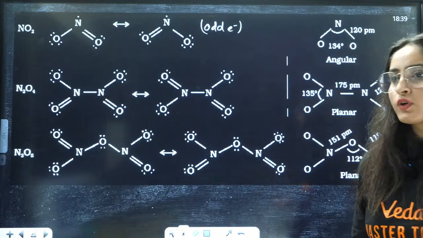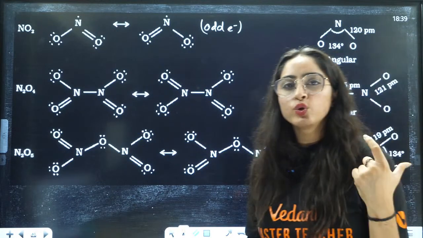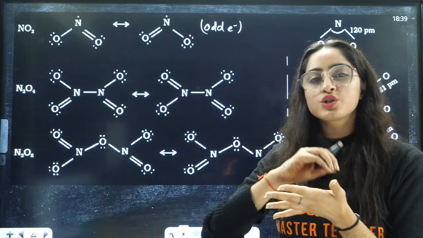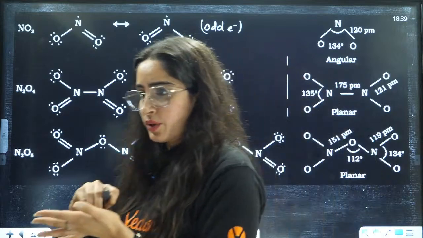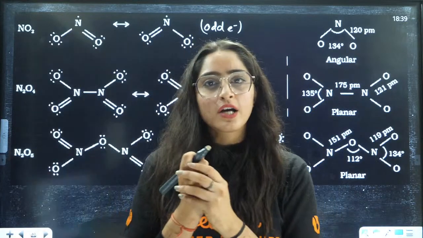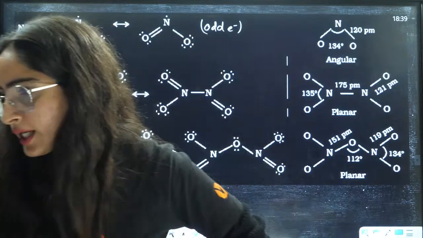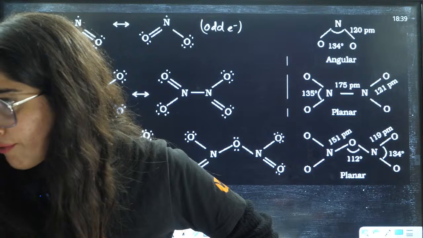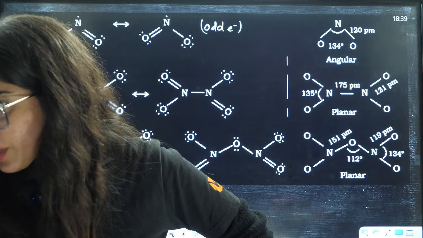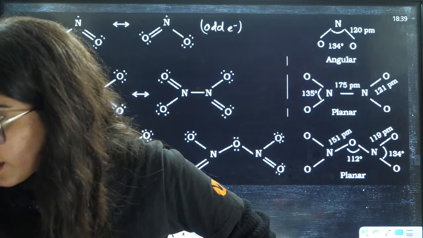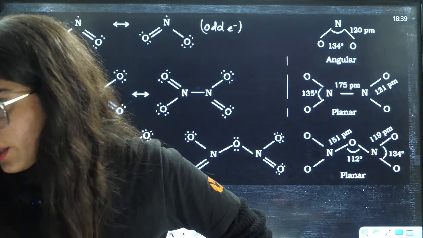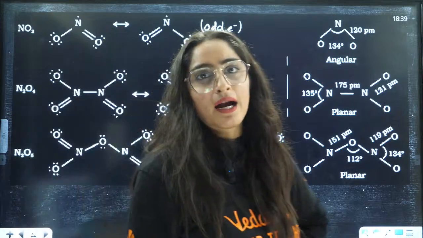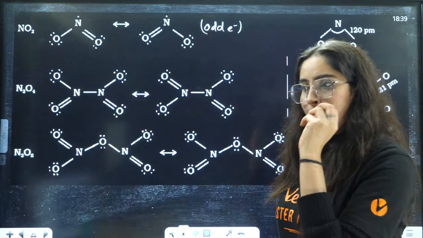Okay guys, try to make these structures with the help of Lewis dot structures. Have you done Lewis dot structures with me or not, everybody? Do you remember we have done this part, how to make the structures?